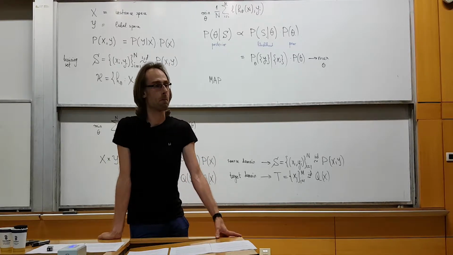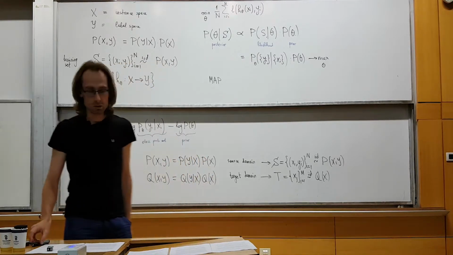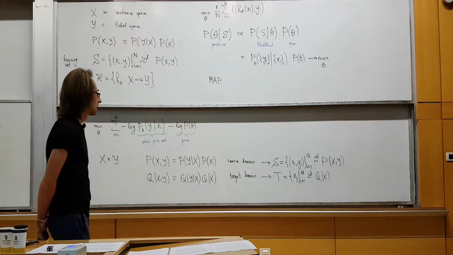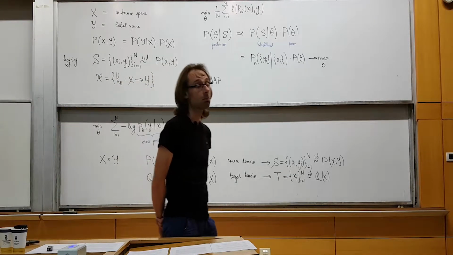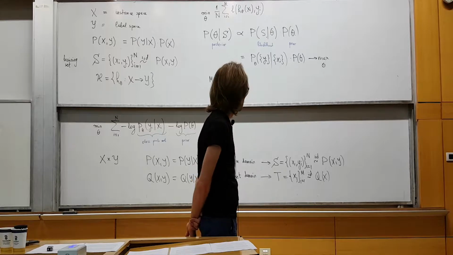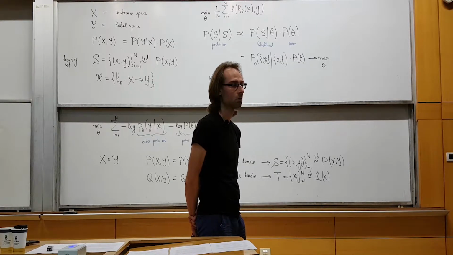Okay? Yes? Can you make any assumption about whether there is overlap between S and T? Any assumption? Well, so there will be some tacit assumption. Of course, if P and Q are completely distinct, then basically this set P of unlabeled data will be of little use. Okay?